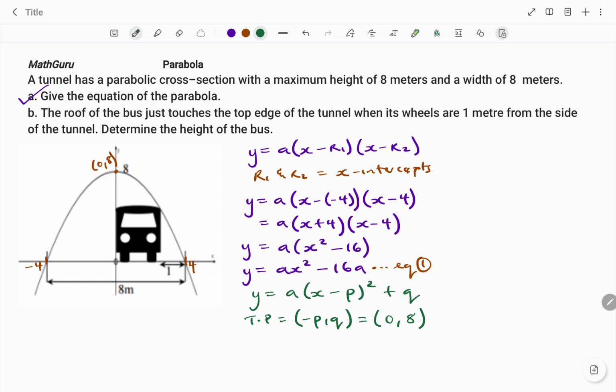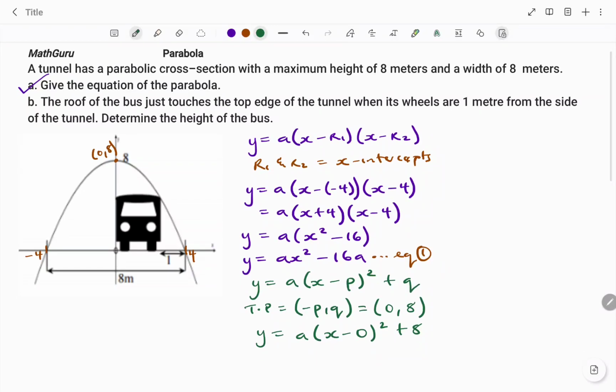So if I replace that back into my equation, I have y equals a(x minus 0) all squared plus 8. And if I simplify further, x minus 0 is x, and then raised to the power of 2, that's x squared. So I have ax squared plus 8. So that's my second equation of the parabola.